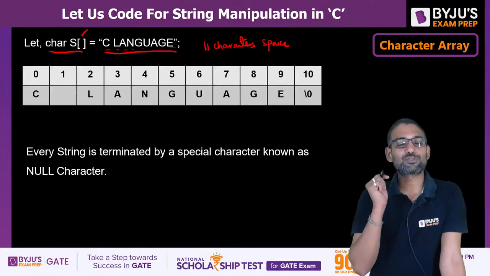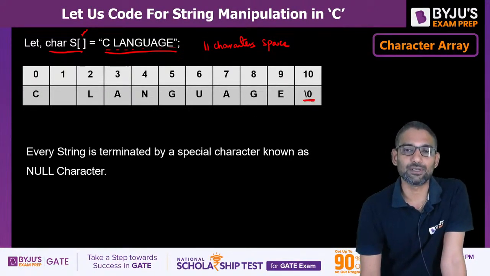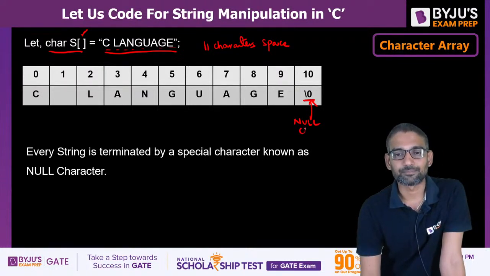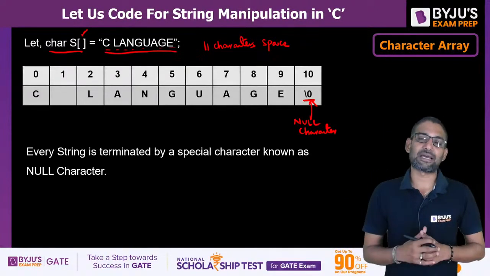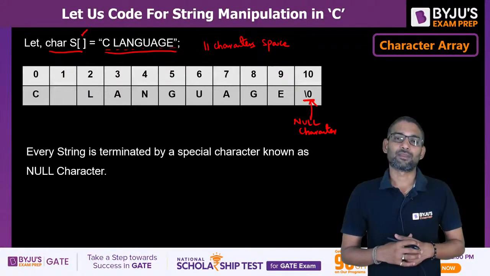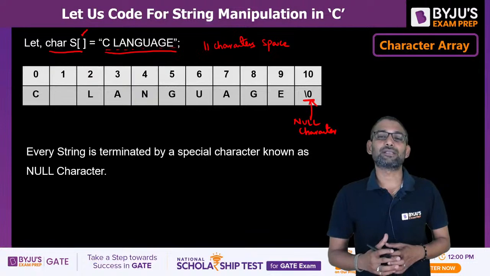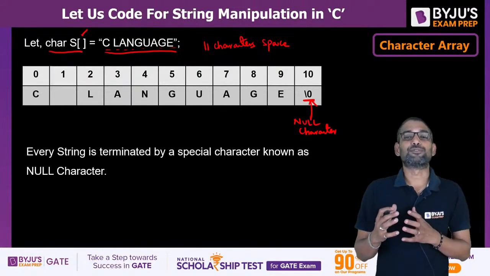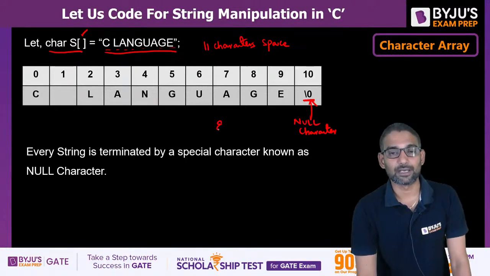Why that plus 1? Because you see the last character, which is \0, this is called null character. What? Null character. It's a special predefined character, dear friends. Why this character is? That is to indicate end of the string. What? End of the string.